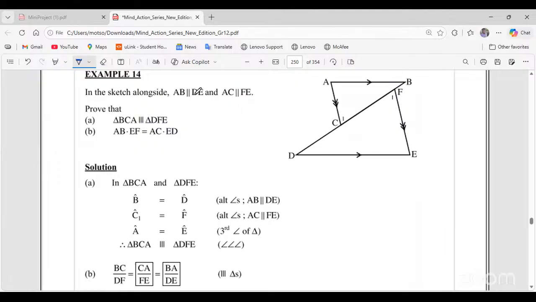So they are saying to us, in the sketch alongside, we are given that AB is parallel to DE, and AC is parallel to FE. We are required to prove that triangle BCA is similar to triangle DFE. Fine. Now, how can we do that?